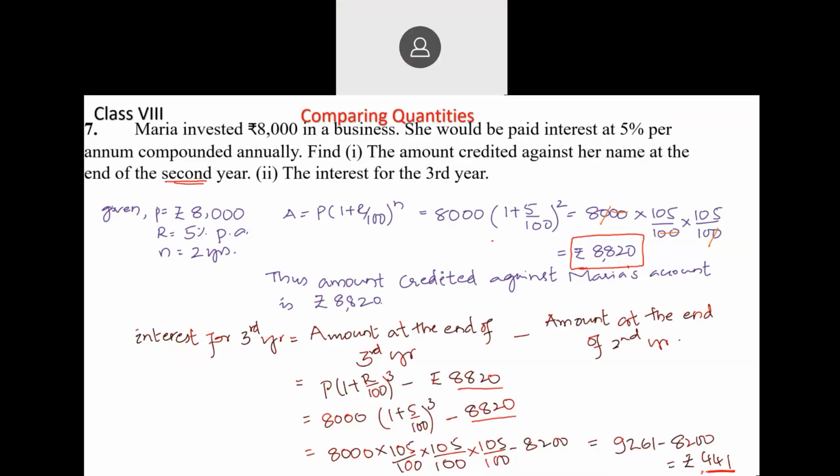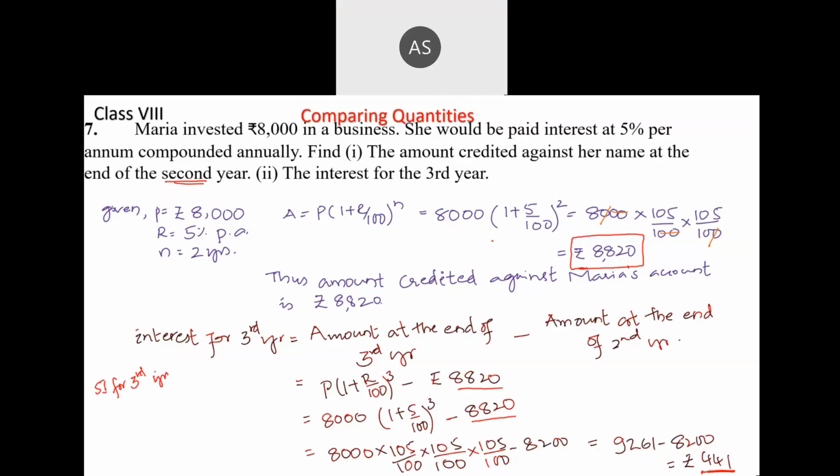In your method, do we get it in an easy way? Multiplying is there, sir, in simple interest. Okay, let me calculate like that in your method. Simple interest for third year.